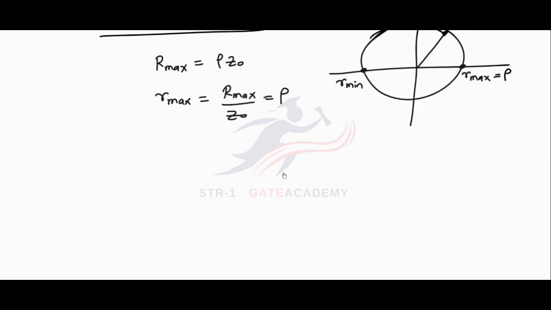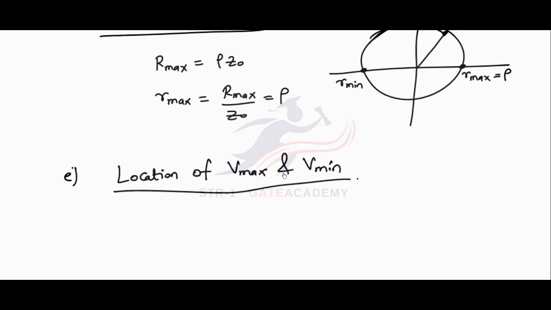Next, you can find the location of Vmax and Vmin using the Smith chart directly. You know that R max will give you the position of Vmax.